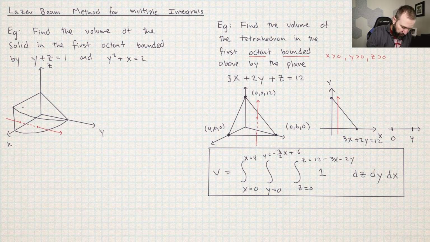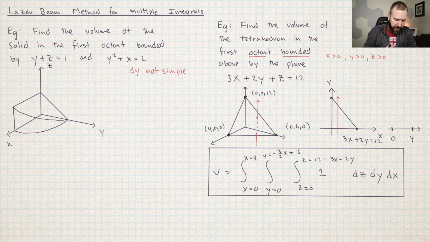But if you shoot this laser beam over here, it's going to enter at the plane and it's going to exit at that other plane, that slanted plane. So what I'm explaining is, when I look at this, you know, and I try to visualize it and ask myself which laser beams would work, I think that dy is not simple.